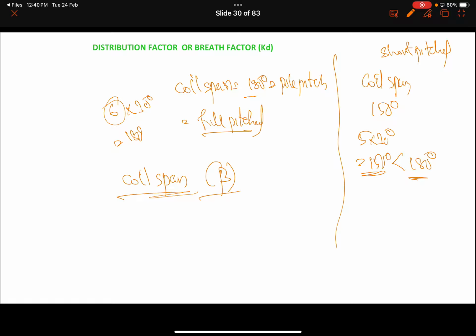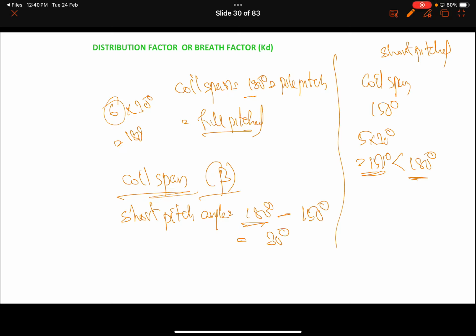And short pitch angle. What is the short pitch angle here? This is a new term. Short pitch angle is nothing but how much angle is reduced with the shifting of the coil. Previously it was 180, and it is reduced to 150. Now how much angle has been reduced? 30.